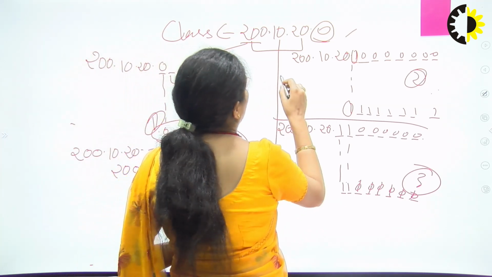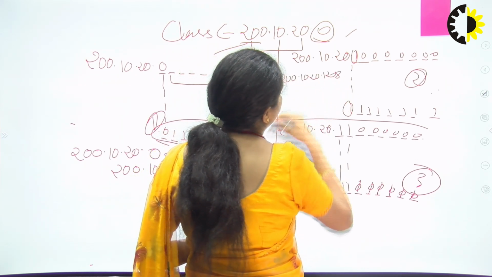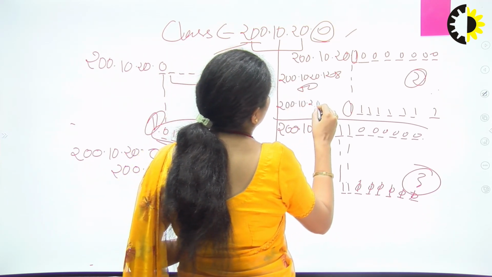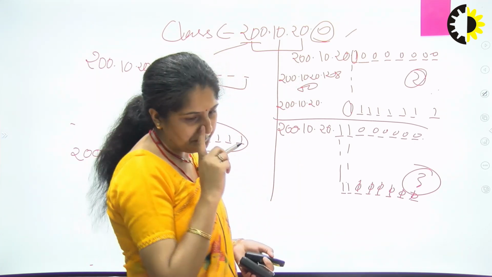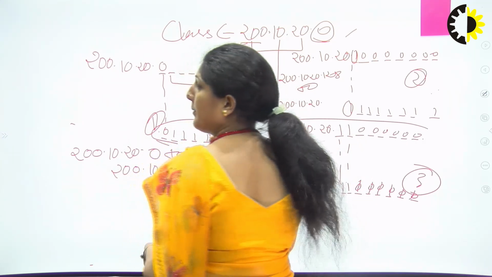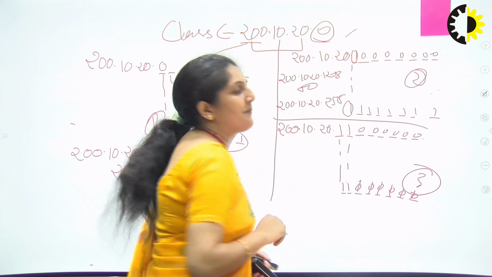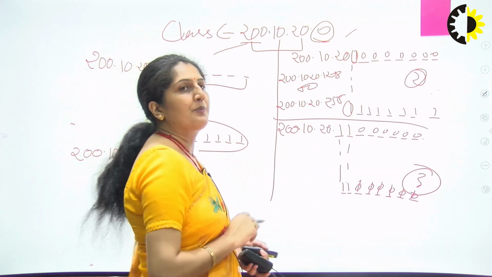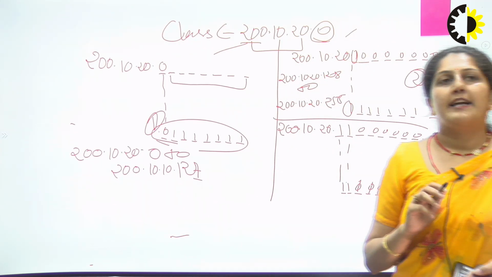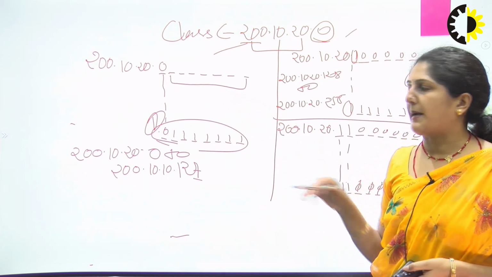Similarly, this range goes from 200.10.20.128 to 200.10.20.255. So like this, we can divide the address using different subnet masks into different segments.